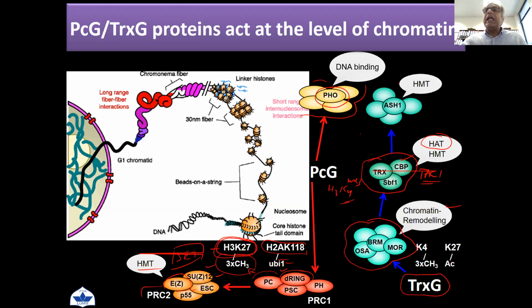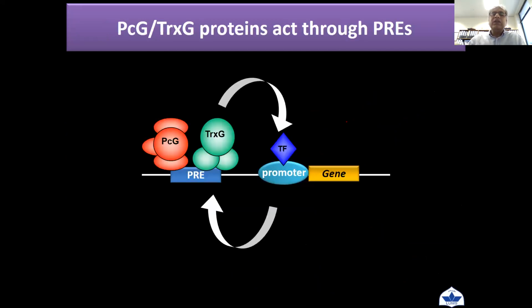And the Ash1-containing complex catalyzes H3K36 trimethylation. So this is a chromatin remodeler. TAC1 and Ash1 are involved in transcription activation, to maintain genes in the on state. This is a simplified cartoon, and I have borrowed this slide again from Renato.